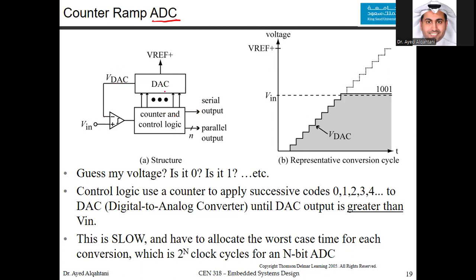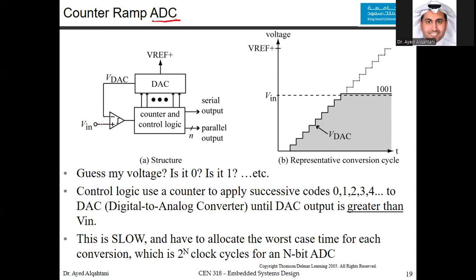For the digital to analog converter, it needs a reference voltage. Now, at the beginning you started from 0, so this value would be equal to 0, and you compare the input to 0.